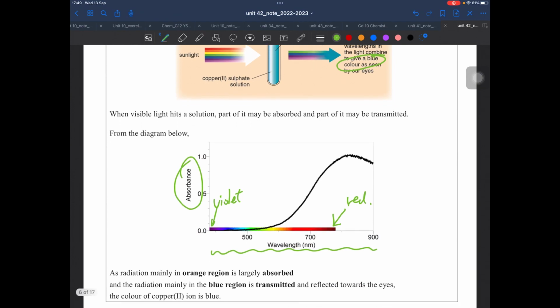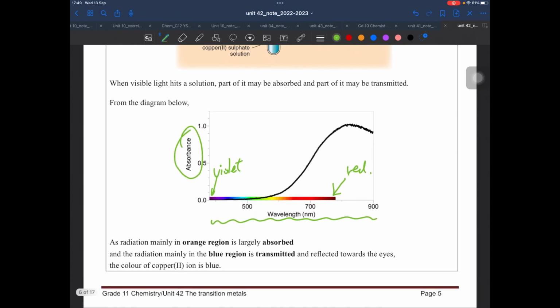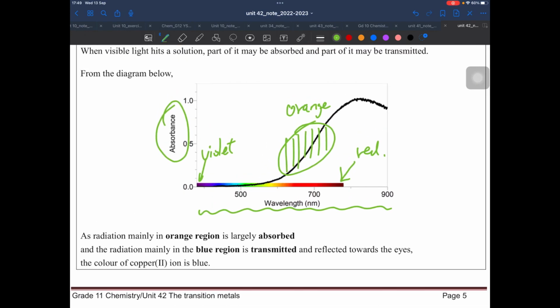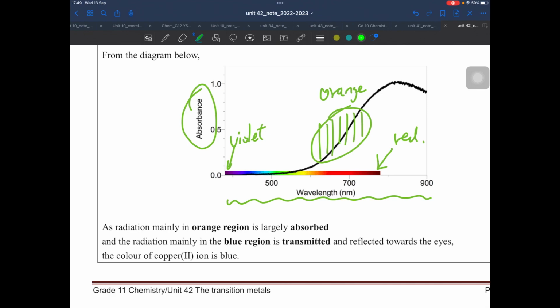The copper 2 sulfate solution absorbed most in the orange region, this is the absorbance. Once the orange color is absorbed by the copper 2 solution, only blue light is transmitted. And that's why it shows you blue. Let's write it down. The radiation, mainly in orange region, is largely absorbed, and only blue region is transmitted.